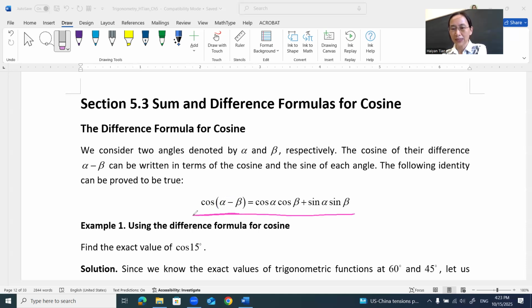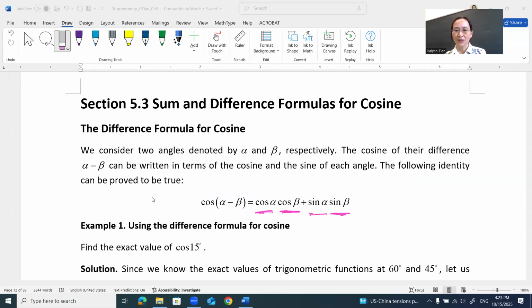If we can prove it is true, then let's look at this identity closely. We realize this identity involves alpha and beta, and the cosine of the difference is equal to the product of cosine alpha, cosine beta, plus the product of sine alpha, sine beta.